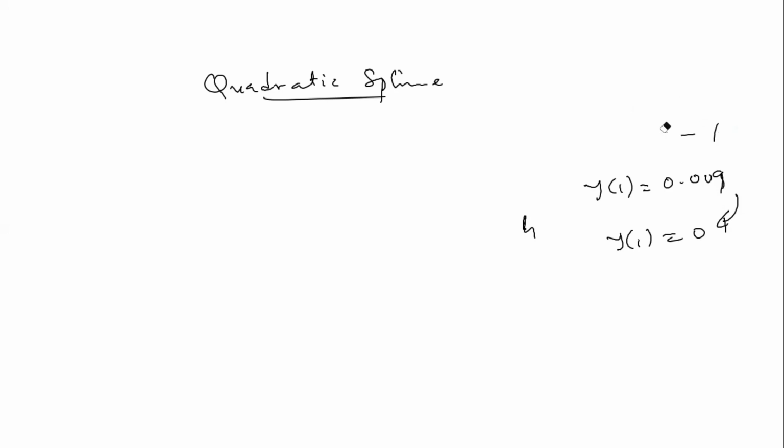Sorry, before you continue, sir. With respect to the linear spline that we just did, we have 3 points, (1, 1), (2, 4), and (3, 9), which gave us 2 linear functions, S1 and S2.